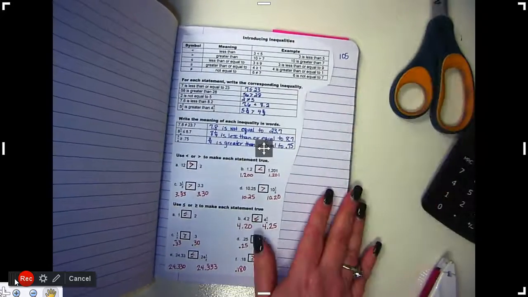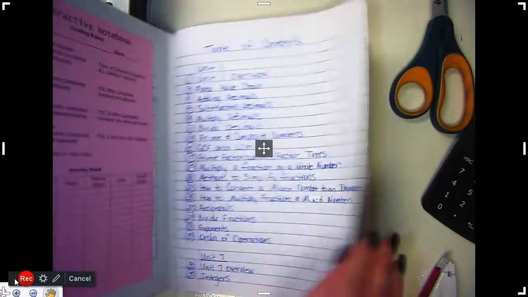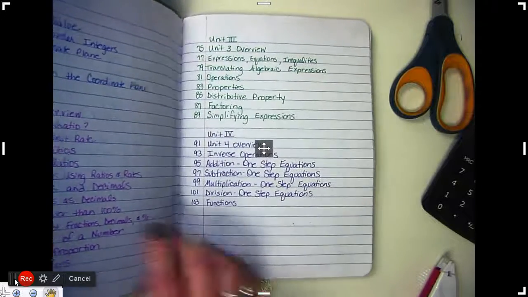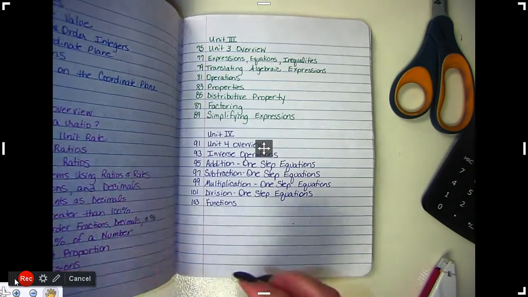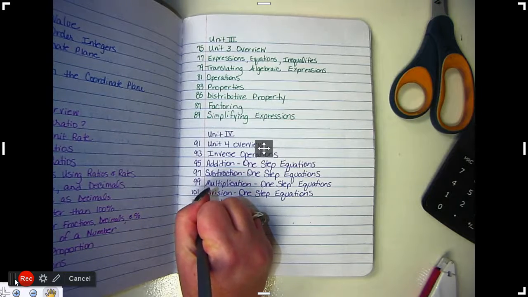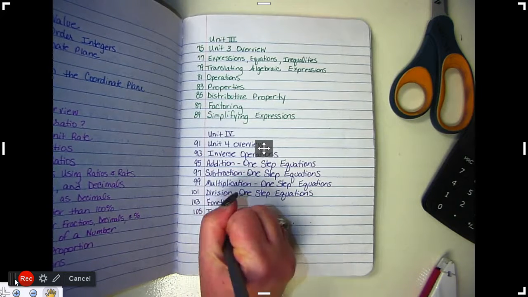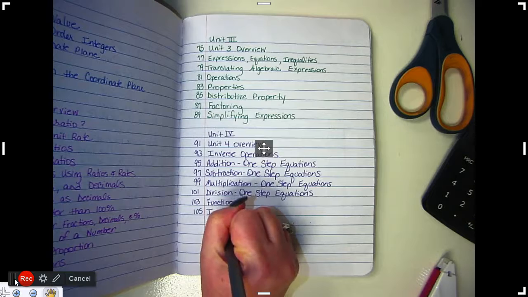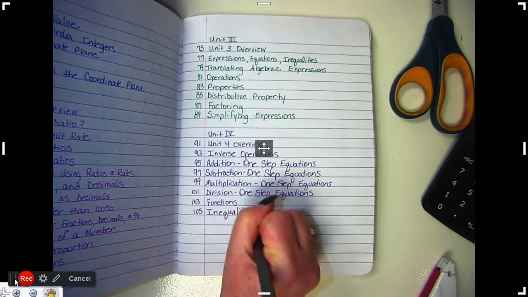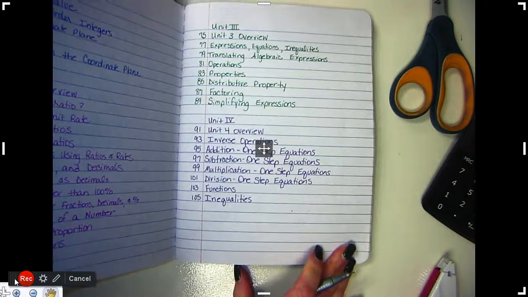It should look like that on page 105, and make sure you go up and add that to your table of contents. Inequalities on page 105.